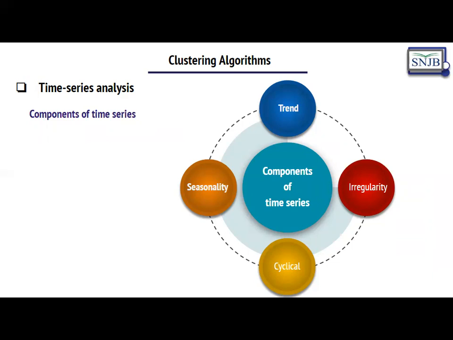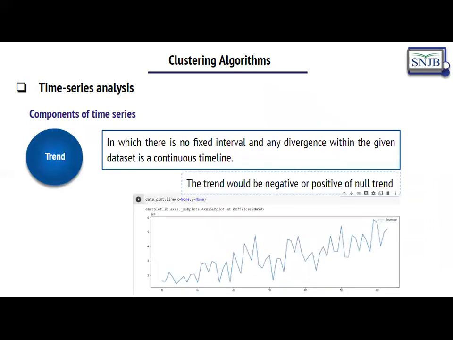One is the trend, then we have irregularity, cyclic, and seasonality. We'll start with the first type, trend.